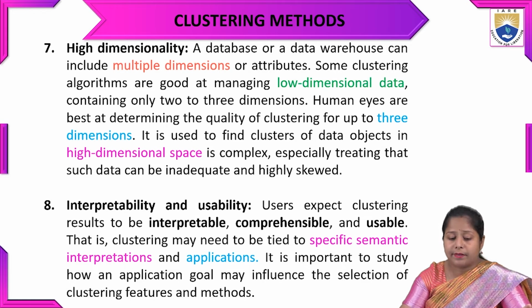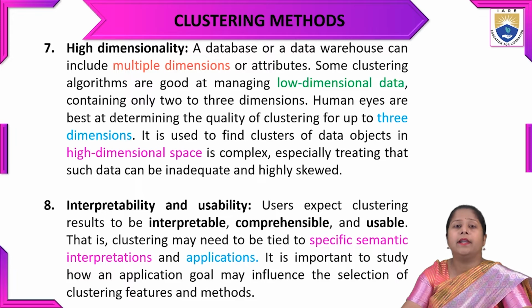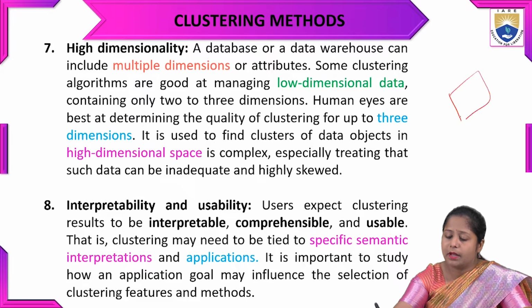Next is high dimensionality. A database or data warehouse can include multiple dimensions and attributes, because it is multi-dimensional in nature. Some clustering algorithms manage low dimensional data containing 1, 2 or 3 dimensions, but more than 3 dimensions will be a problem. The human eye is best at judging the quality of clustering in 3 dimensions.